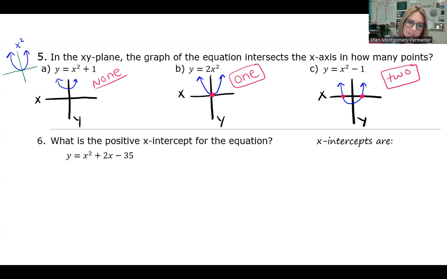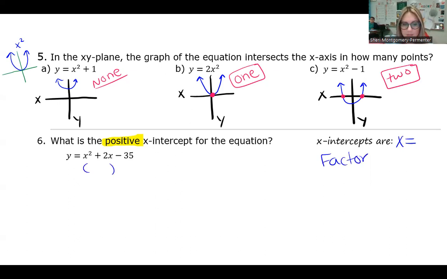Question number 6. It says, what's the positive x-intercept? That's pretty important. Positive x-intercept for the equation. So x-intercepts are x equals. So to get x equal, we factor.